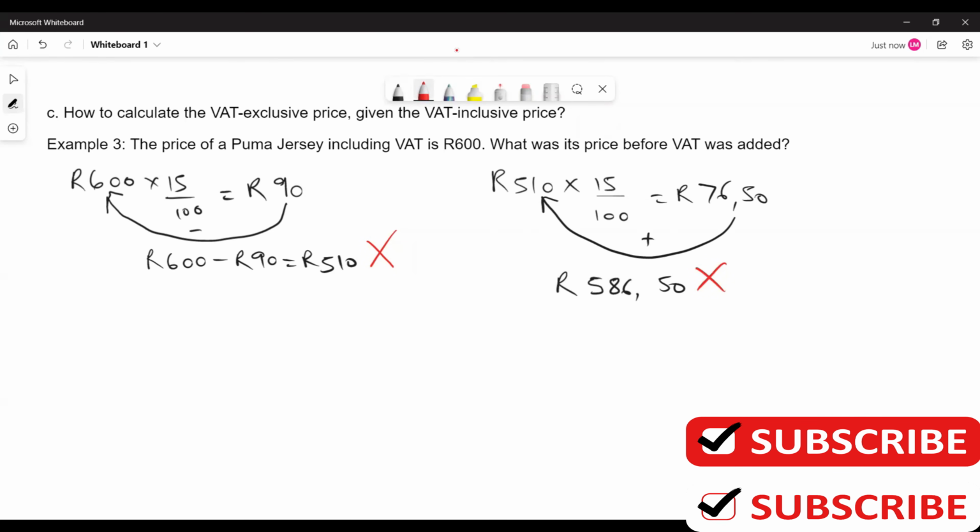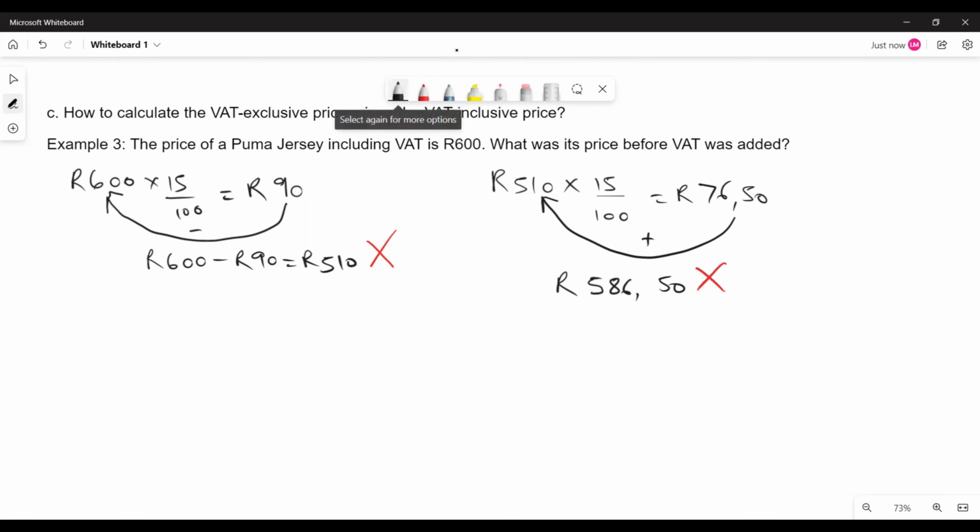So how do you go about this calculation? If you are given the VAT inclusive price and you want the VAT exclusive price, you simply divide it by 1,15. Let me just write here the correct solution.